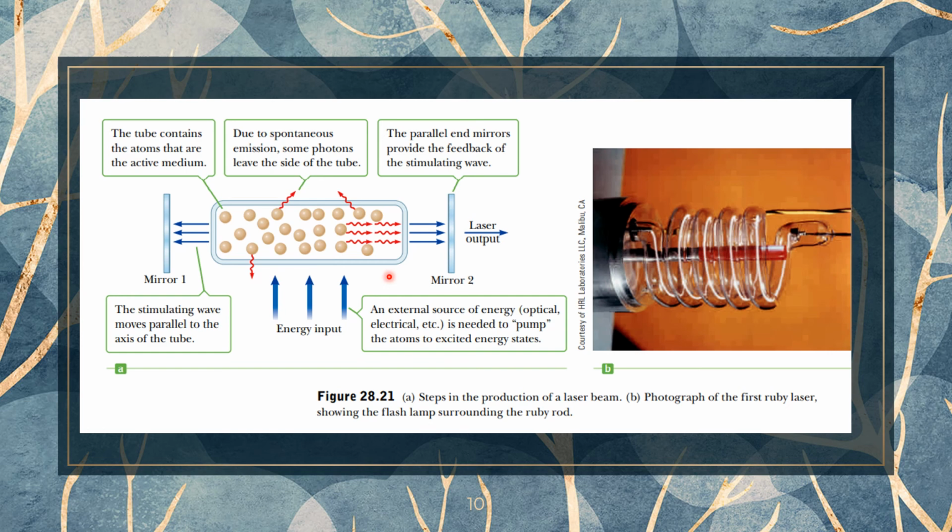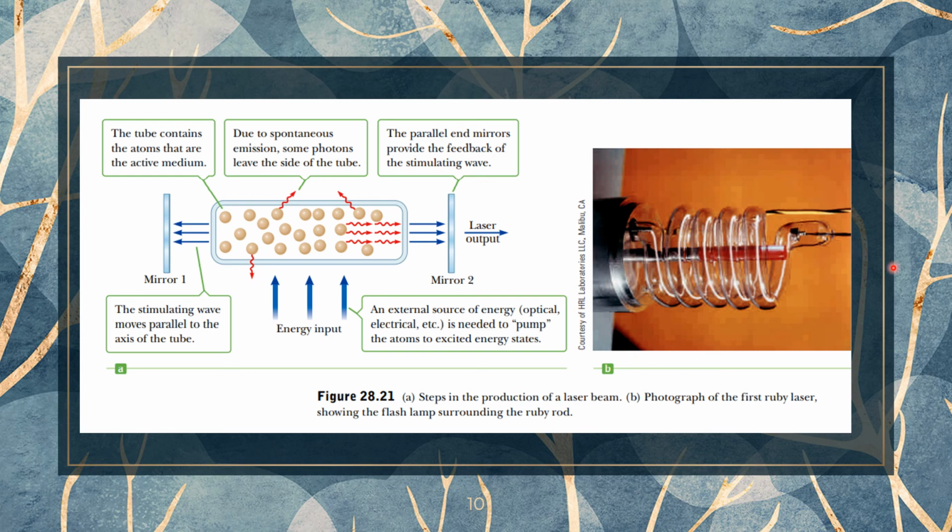This interaction produces another photon of the same wavelength and same phase. These photons are reflected by the mirror, and the laser beam comes out through the partially transparent mirror.